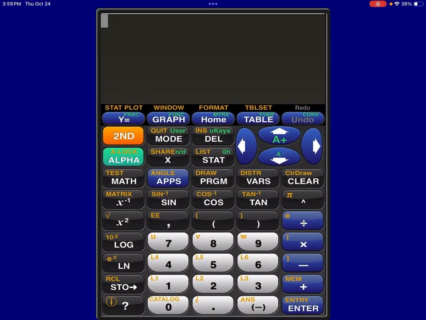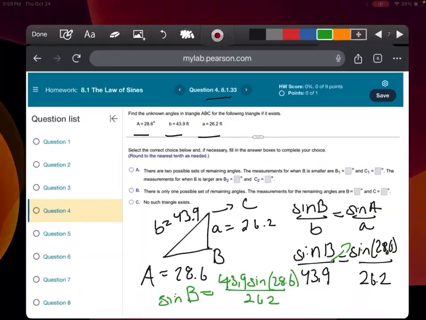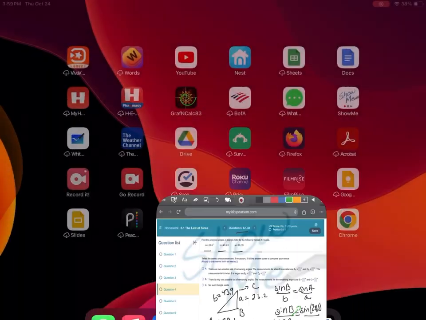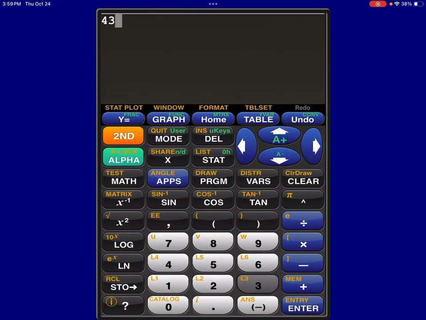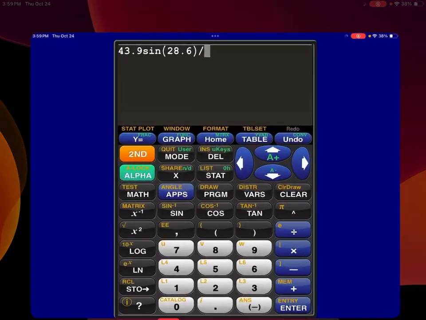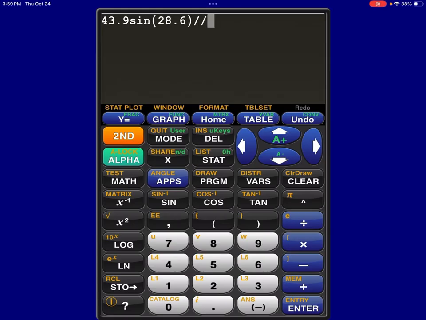So let me grab my calculator, let me clear all this out, and let's take a look at what we got. 43.9 sine of 28.6, divided by 26.2, okay?